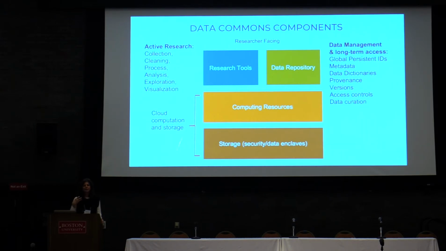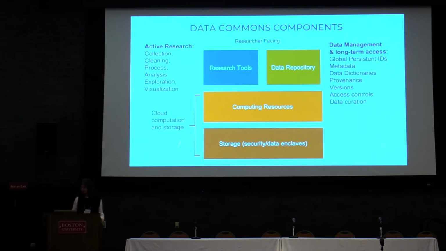Also standards, data dictionaries, or controlled vocabularies that help you understand that this variable here is the same as this variable here, so you can merge and harmonize data sets. And the provenance and versions, to understand what data set you used for a specific research result, and all the access controls that go with that, and data curation.